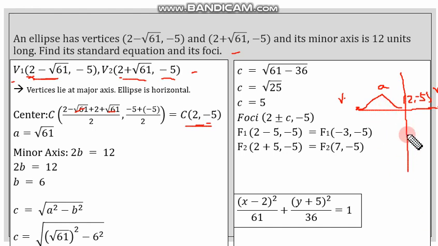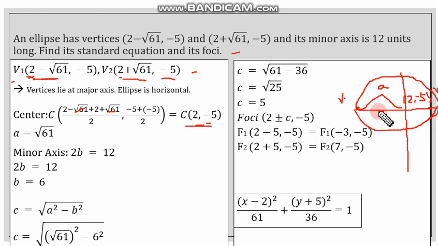Okay, since the vertices are horizontal, we expect that our ellipse is also horizontal, since the vertices are the endpoints of the major axis. So the ellipse is horizontal.